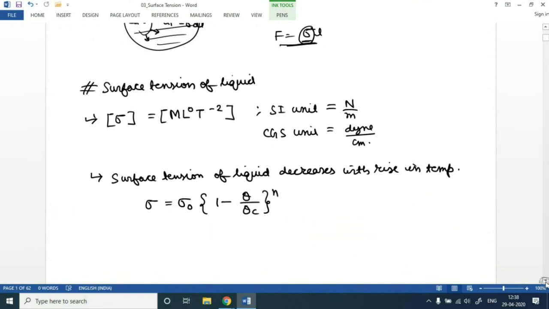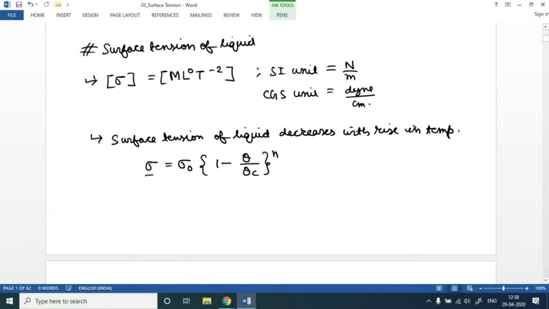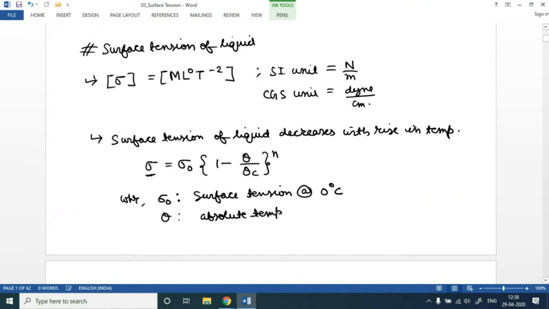So let's try to look into each and every term. Sigma obviously is surface tension, and sigma naught here is nothing but the surface tension of the liquid at 0 degrees Celsius. Theta is the absolute temperature. Theta should not be taken in degrees Celsius. Theta c is the critical temperature of that liquid.